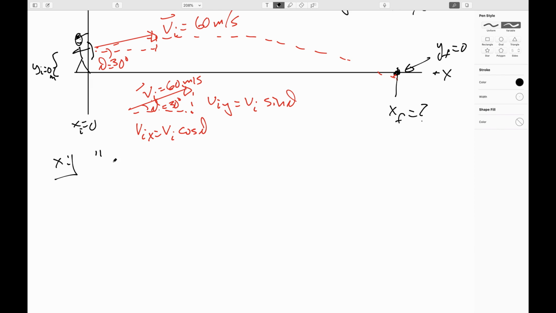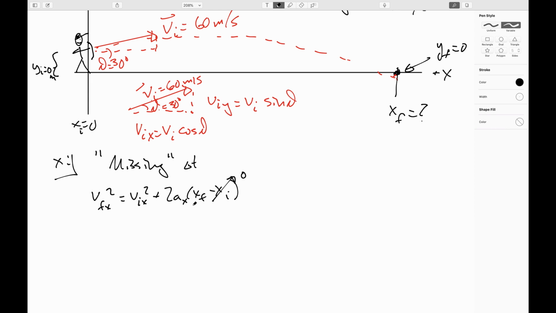So you might be inclined to say, okay, let's try using the missing delta t equation, right? Well, if you do that, what are you going to get? V final x squared equals v initial x squared plus 2a sub x times x final minus x initial. All right, x initial, we can put that in for 0. Looking good so far. So we can solve this for x final.